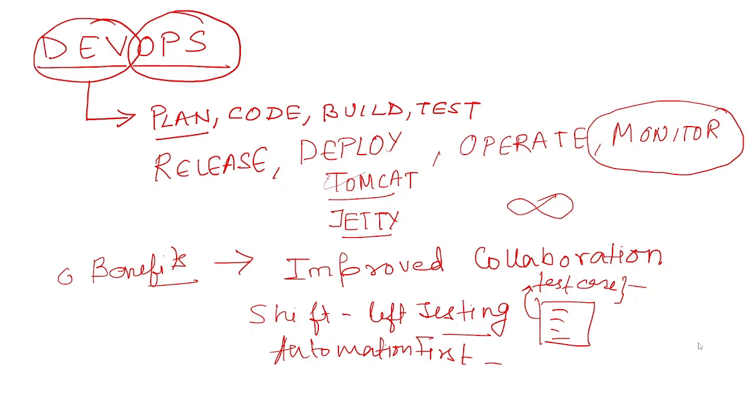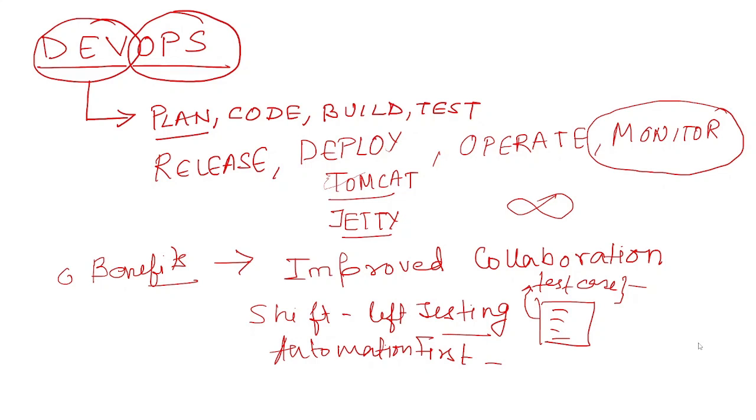Now we have come to DevOps. Why DevOps? Because earlier the development and operations teams worked in isolation, in separate silos. There was no interaction between these two teams. They worked independently. But to get the app deployed faster, we need these two teams to work in collaboration.